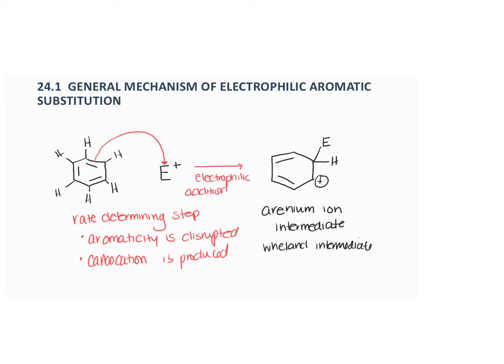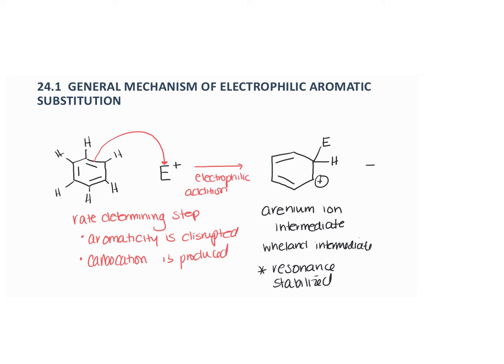Now, this intermediate will go on and participate, but it's really important to understand that this guy is resonance stabilized. And so because he's resonance stabilized, that's why this reaction can go on.